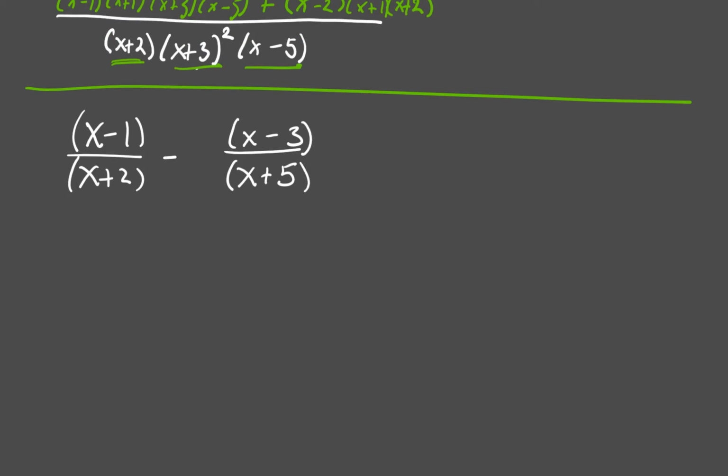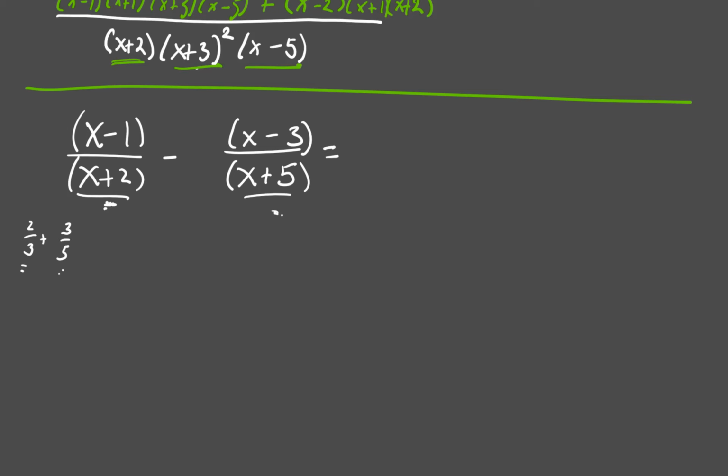The common denominator is a lot easier to find this time because I just have two factors down there: an x plus 2 and an x plus 5, so my common denominator is x plus 2 times x plus 5. If this was like 2/3 plus 3/5, these don't have any common factors, so I just multiply them together, and 15 would be my common denominator. I have two terms here, no common factors, so their product is my common denominator.